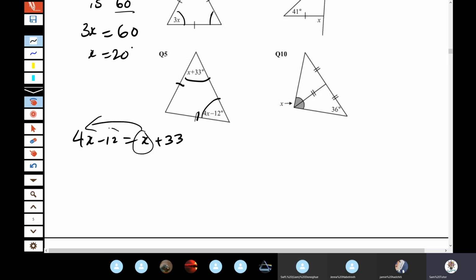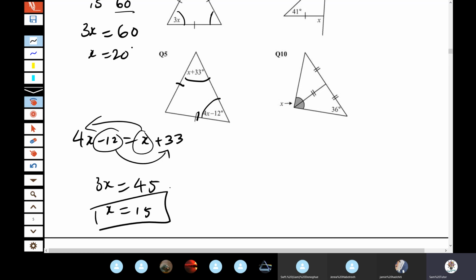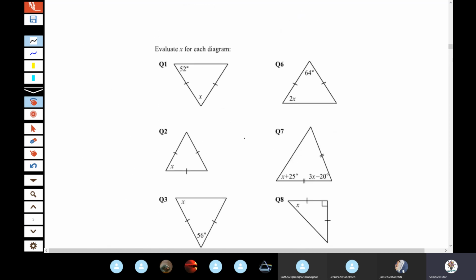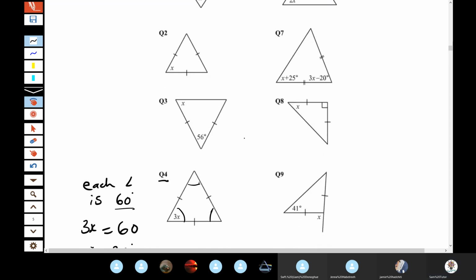Bring your x over, bring your minus 12 over, 4x take away x, 3x, 33 plus 12, x equals 15. All right. I hope you guys are seeing it's a bit more equations based, like I keep saying, rather than geometry based.